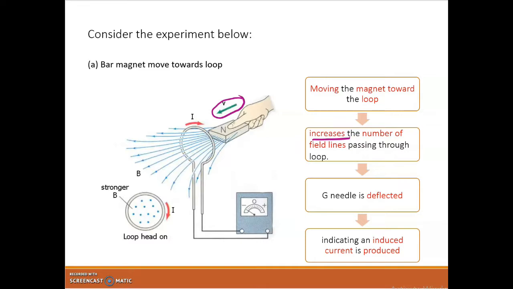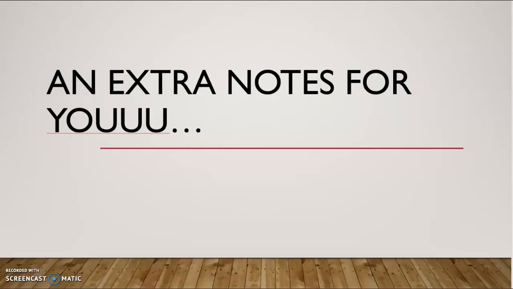So Lenz's law says to oppose the increasing flux, the pole of the coil near the permanent magnet bar will behave like a north pole, and this one will be acting as south pole. So using our right hand grip rule, our induced current will be in clockwise direction. When in clockwise direction, our galvanometer will be deflected to the right, indicating that current is produced in the circuit.